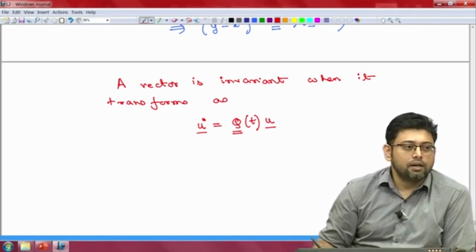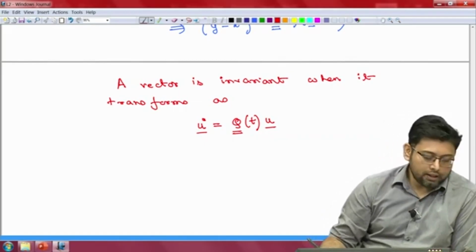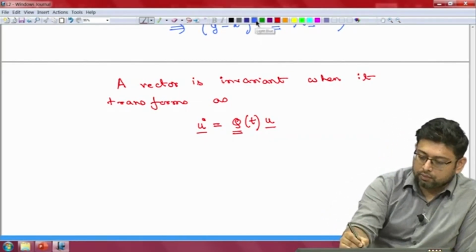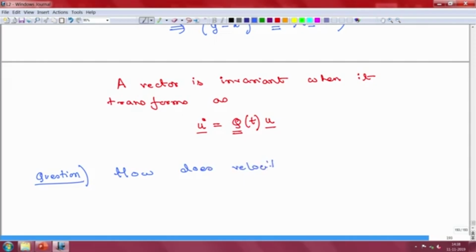Good. Displacement is invariant, but what about velocity? Is it also invariant? Let us ask ourselves a simple question. By the way, this Q is for question, so I will write down question, because we have already another Q. The question is, how does velocity transform?